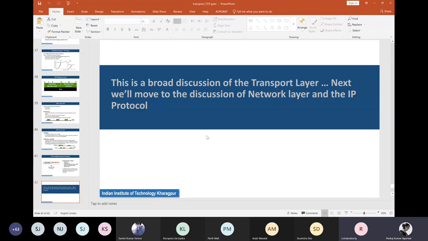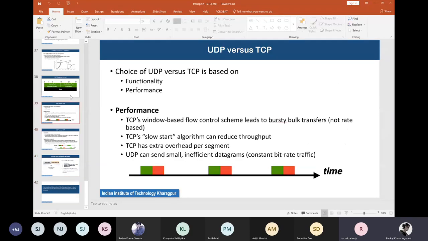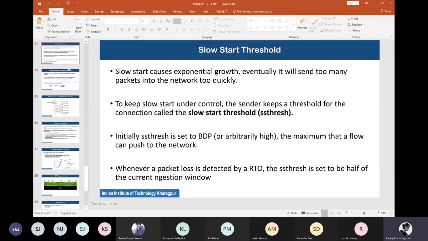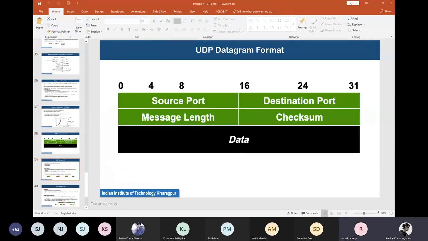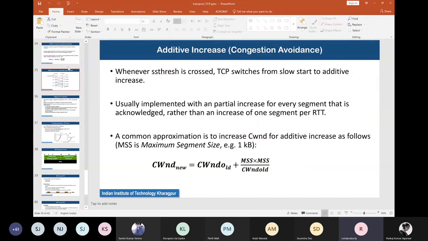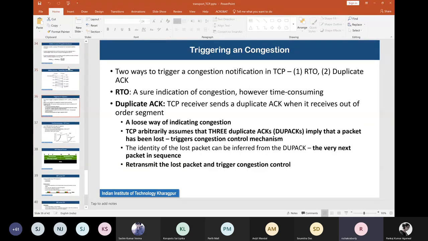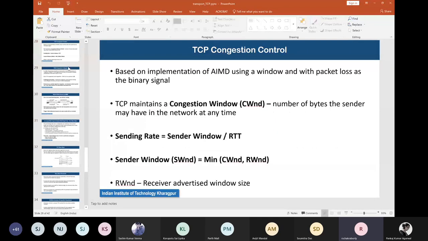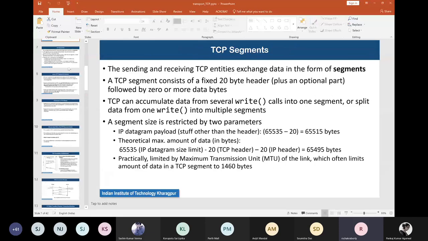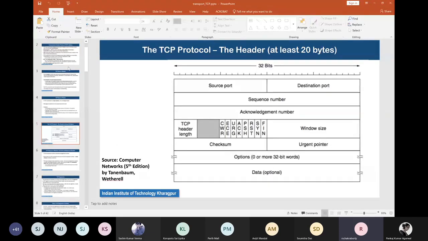Yes, one doubt was there. During the congestion thing, do the directly connected routers share the information about congestion? Yes, they do, but not in a TCP mode. TCP can also indicate congestion through certain fields. There is something called explicit congestion notification. This ECE field is sometimes used to indicate congestion.